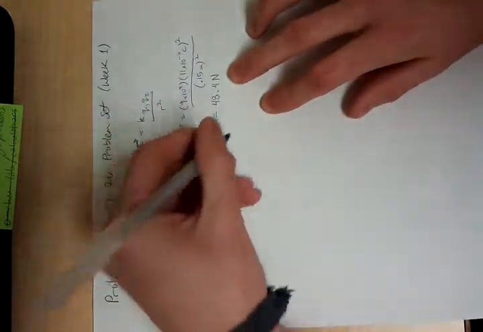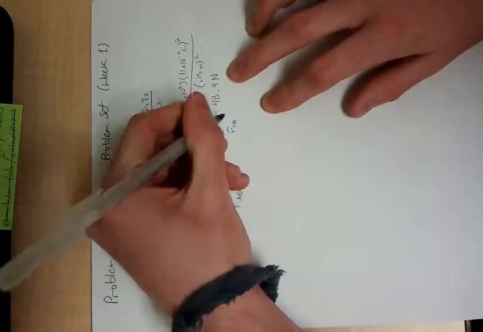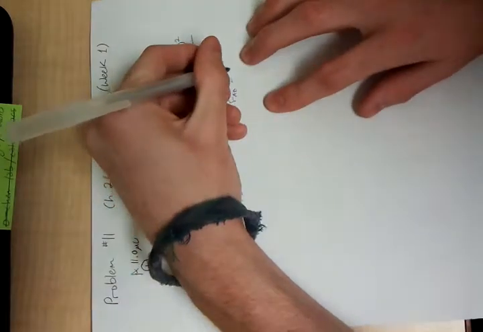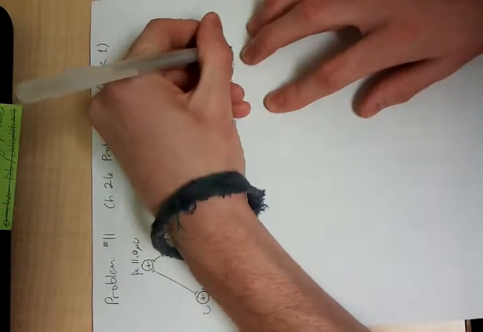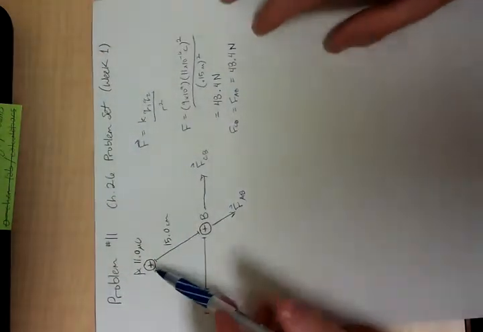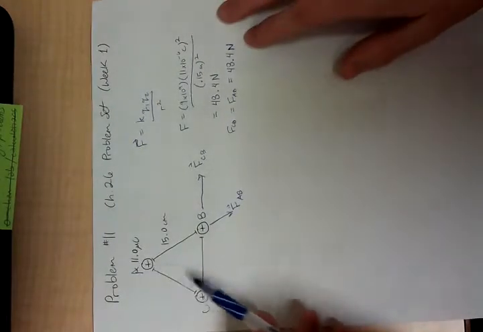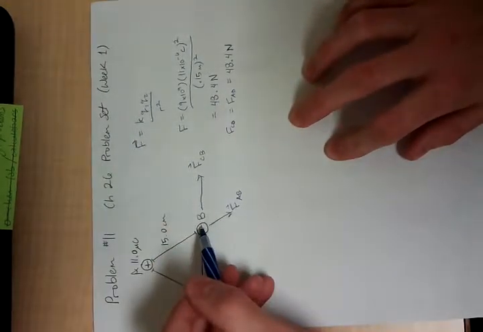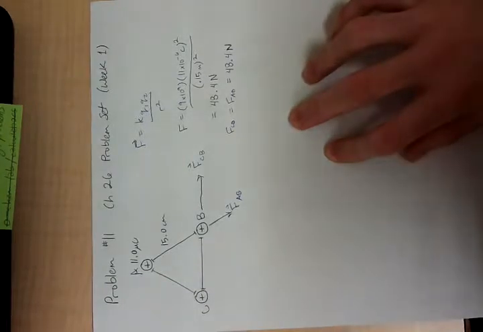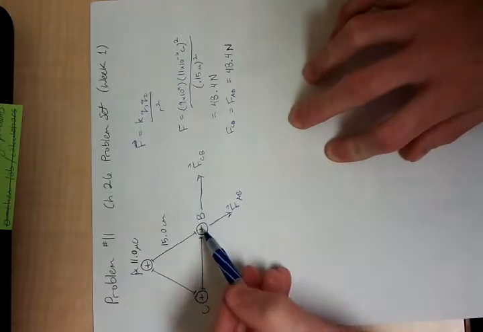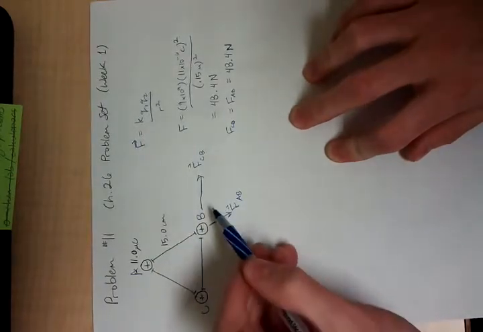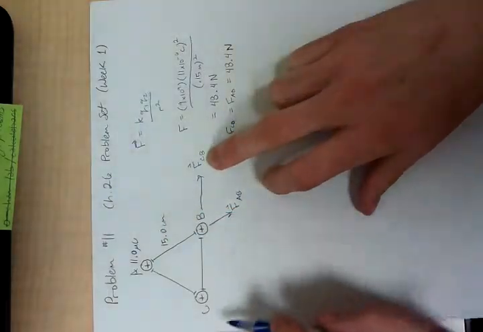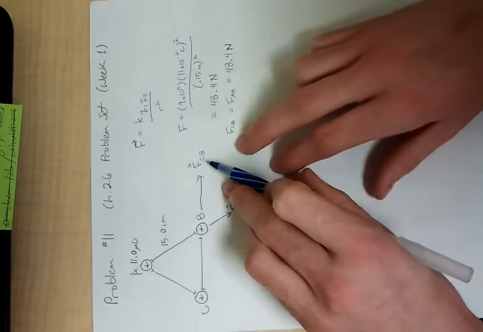So force C on B and force A on B will both be equal to 48.4 newtons, because charges A and C have the same magnitude of charge, and they're both the same distance from charge B. The only problem left is to find the overall net force magnitude on particle B. To do that, we have to find the forces that particles A and C exert on B. The force of C on B we already solved for.